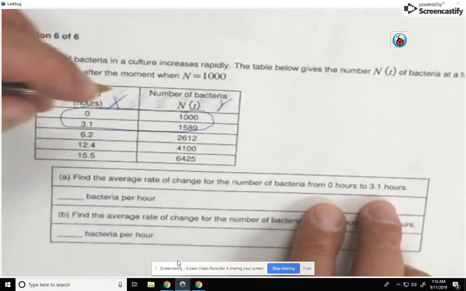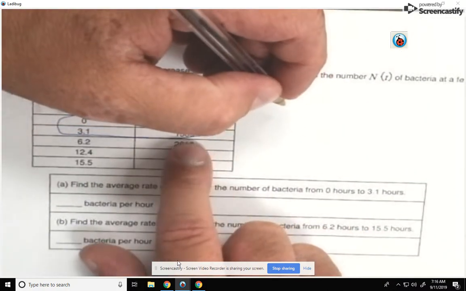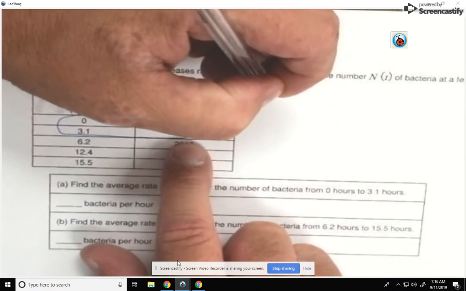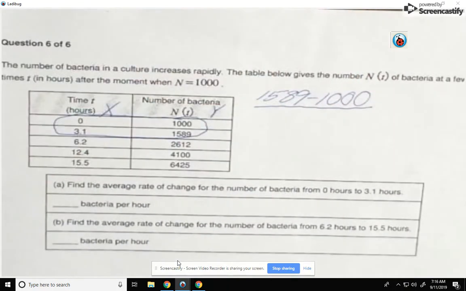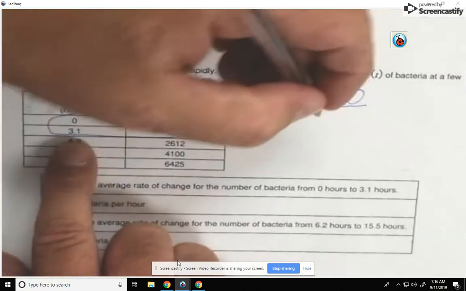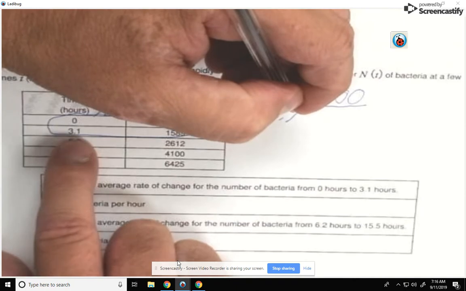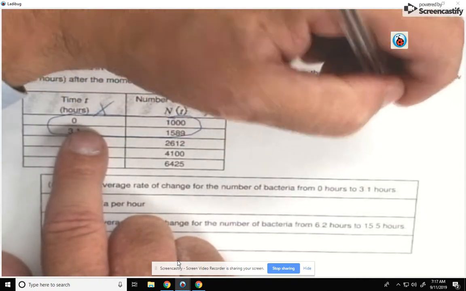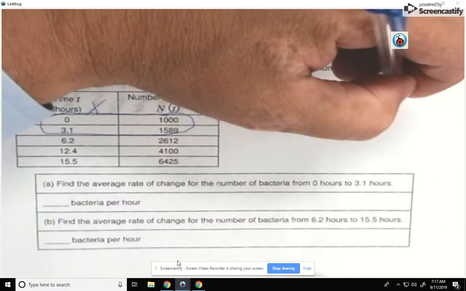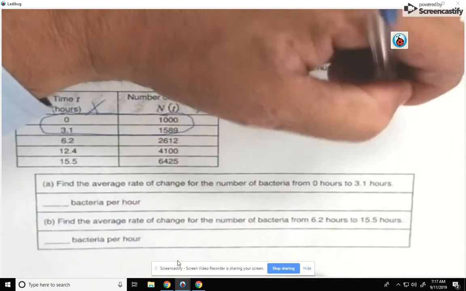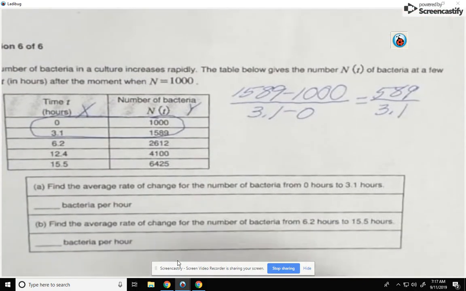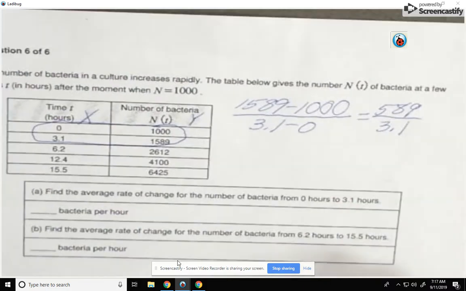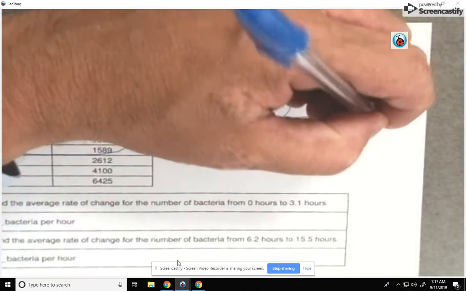So our change in y would be 1589 minus 1,000. Our change in x is 3.1 minus 0. So if we do the calculation here, we get 589 over 3.1. Lastly, if we do 589 divided by 3.1, we will get an answer of 190.